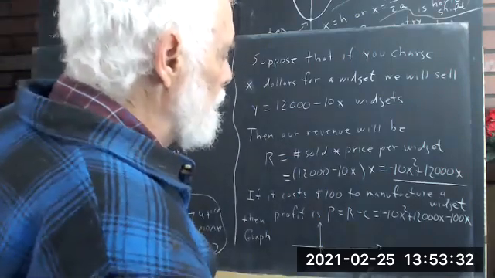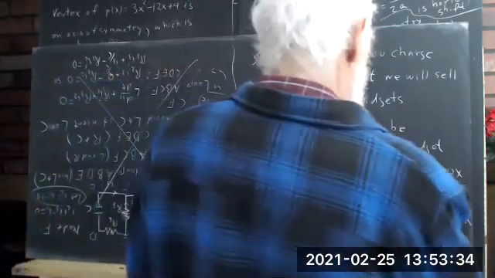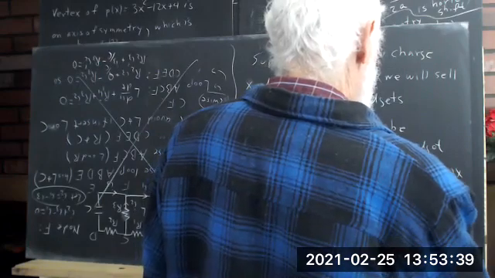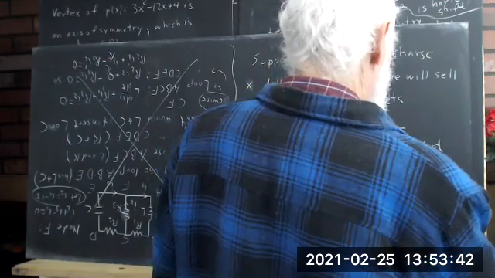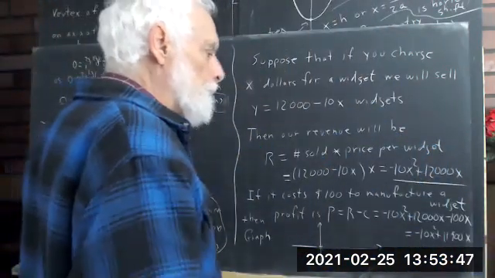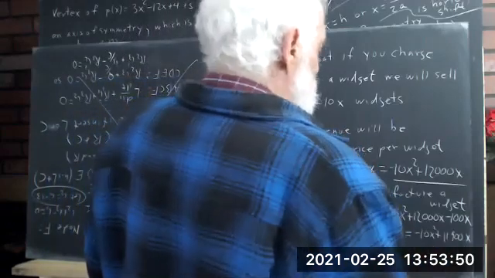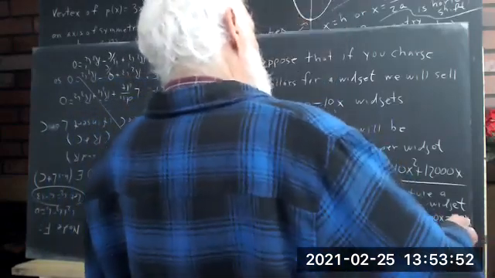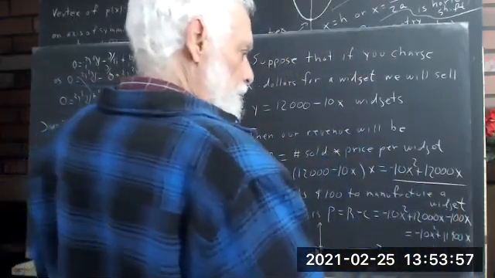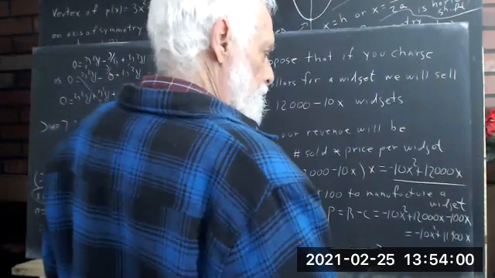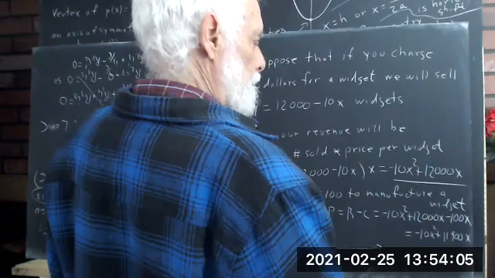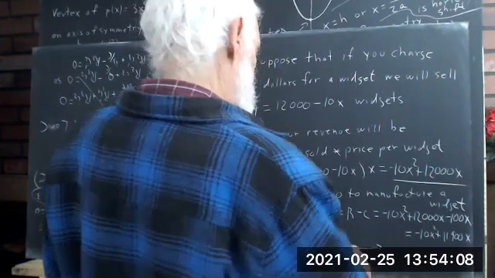Now, I can write this as negative 10x squared plus 11,900x. And now I have 119 divided by 2 is 59.5. That'd be... make sure I got my zeros in the right place. 590.